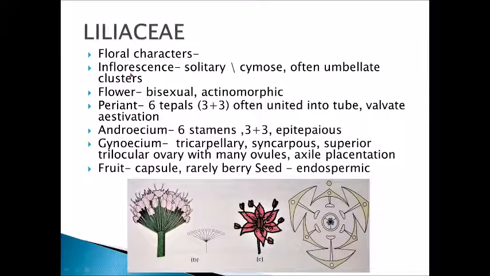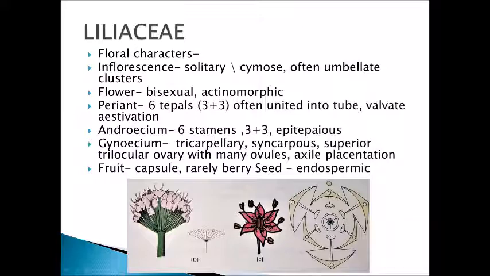Now, let us see one more family which belongs to the monocot plants. Liliaceae family. The floral characters are, in this, the inflorescence may be solitary or cymose type. Often umbellate clusters. Now, umbel is one more type of inflorescence.